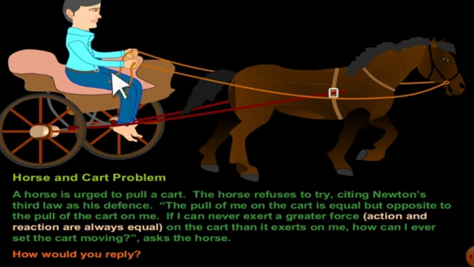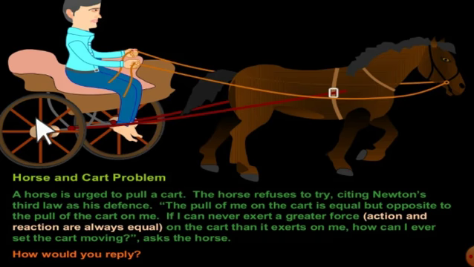This man asks the horse to pull his cart, but the horse refuses to do it, saying, according to Newton's third law, when I pull it, your cart will also pull backward. So if I move, your cart will also move backward. That means if I make the action, your cart will also have the reaction.